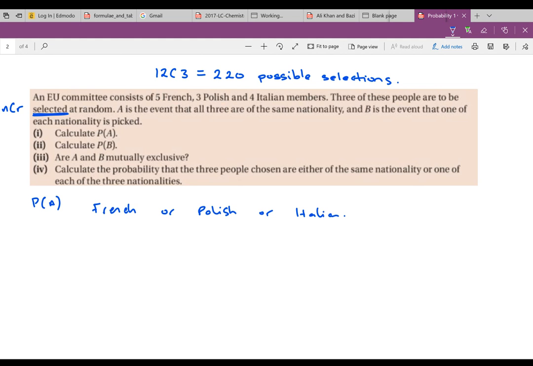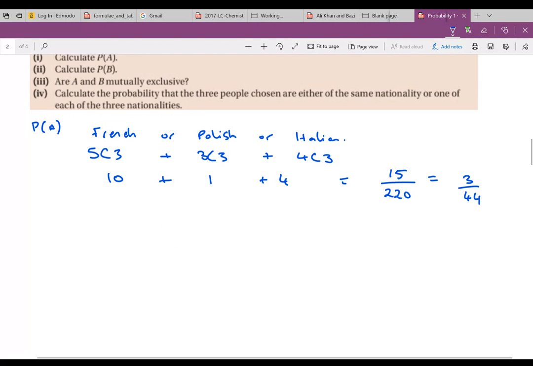So that means that out of the 5 French people, 3 of them are chosen, plus, out of the 3 Polish, all 3 of them are chosen, or out of the 4 Italians, 3 of them are chosen. So we'll have 10 plus 1 plus 4 gives me 15 out of the total 220, which will give you 3 out of 44 if you simplify it.